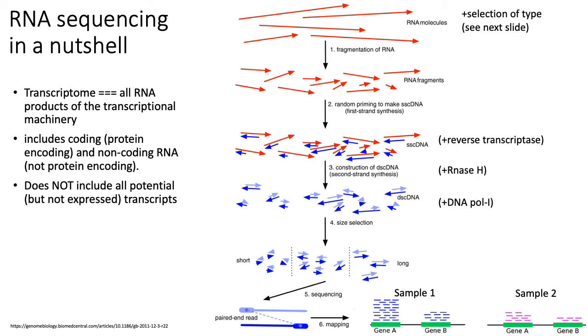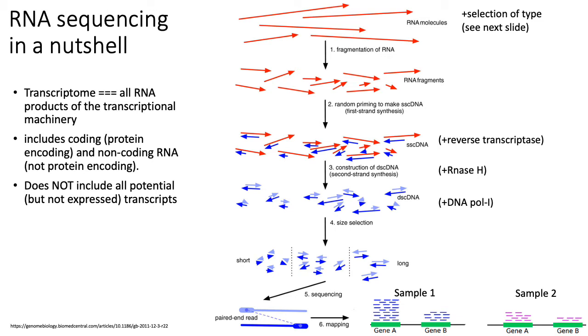We'll speak about this a little later, but you can align reads back to the original genome if you don't know where the transcribed regions are, or you can map them to, for example, databases of just expressed regions of the genome, or what we'll talk about later, splice junction databases. If you map them back to the original genome, then in principle the reads will typically align to, for example, exons of protein-coding genes.